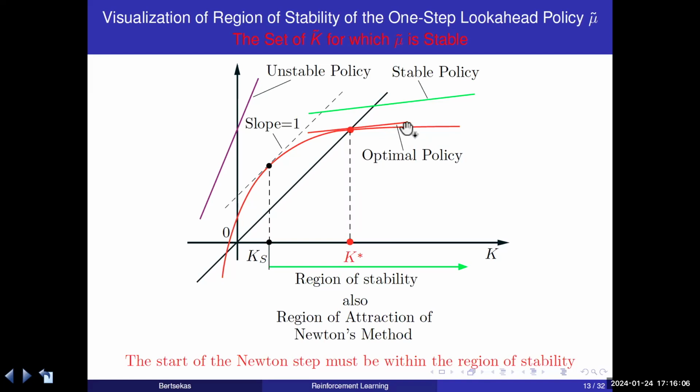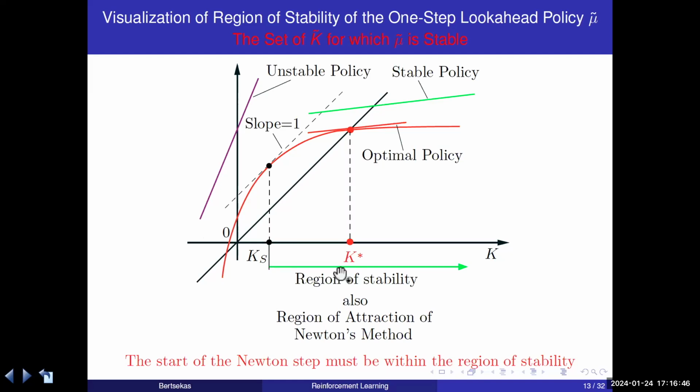Then the corresponding policy is going to have slope less than 1, and it's going to be stable. Also, if K tilde is in this region, then the tangent is going to have slope less than 1, and again, it's going to be stable. On the other hand, if you go to the left of this point, which corresponds to slope equal to 1, and you use a K tilde within this region, then you're going to get an unstable one-step look-ahead policy, and then you're going to have difficulty.